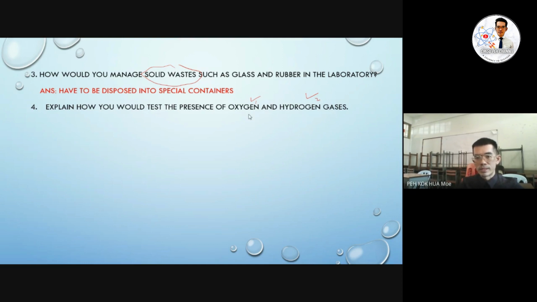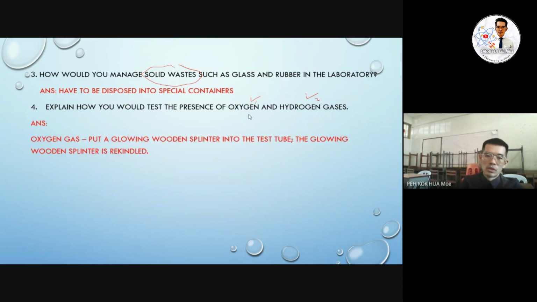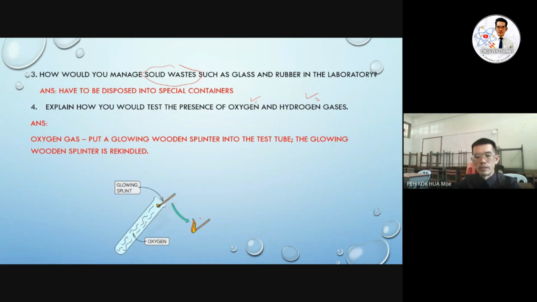You must keep in mind that oxygen is tested with a glowing wooden splinter, because oxygen supports combustion.